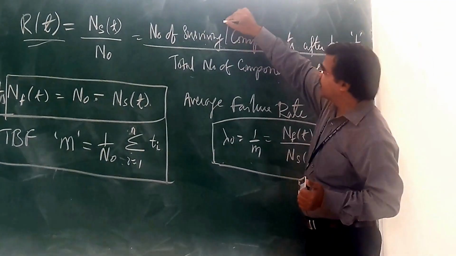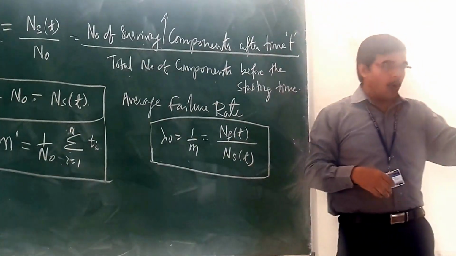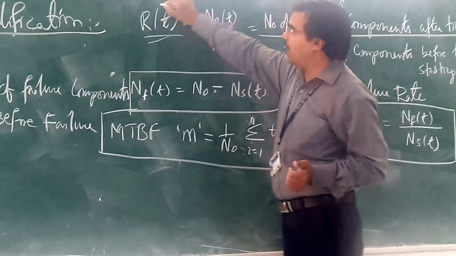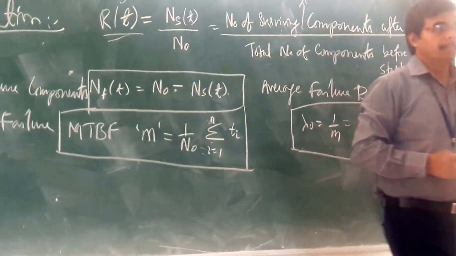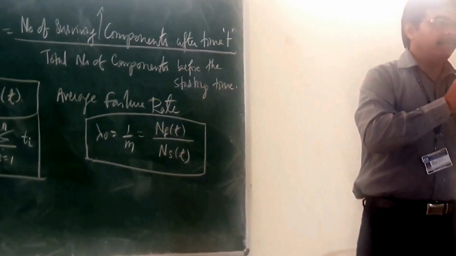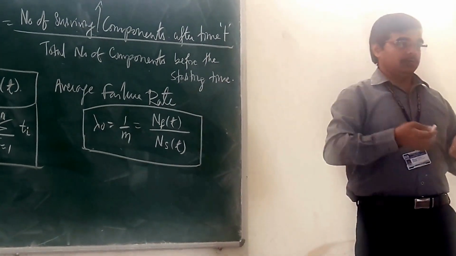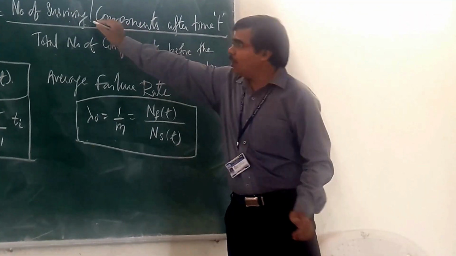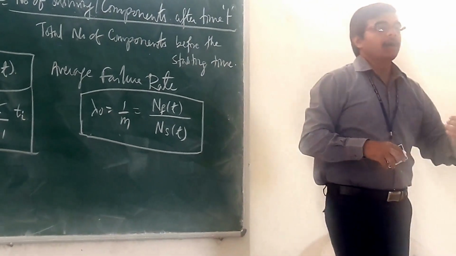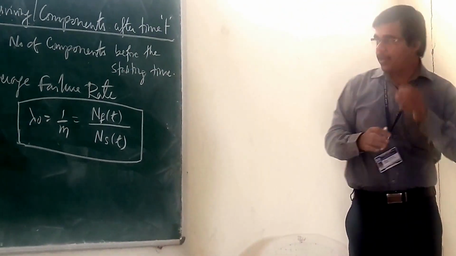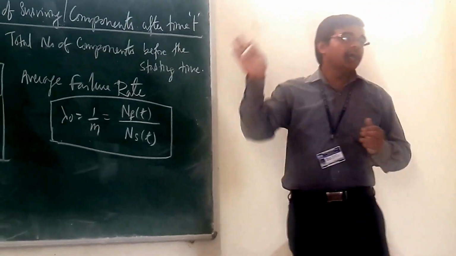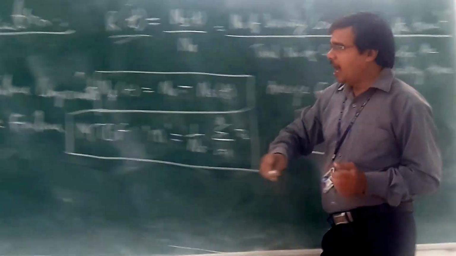If the number of surviving components is more, then we can rely on that subsystem, we can rely on that block. So it depends upon how many surviving components are there. We can also go for the reverse of that, meaning the number of failed components.